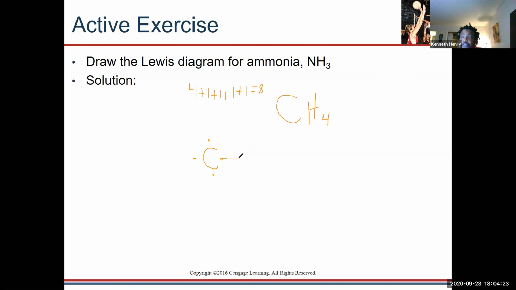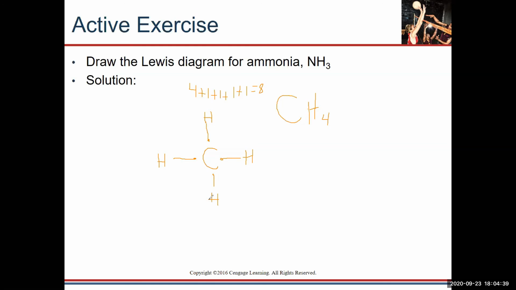So this should be pretty easy, right? You'll just put an H on each. Yep. So this is the Lewis diagram, and as far as testing goes, it would probably give us those elements and then we draw the Lewis diagram, correct?